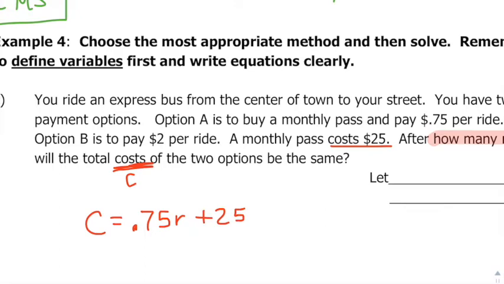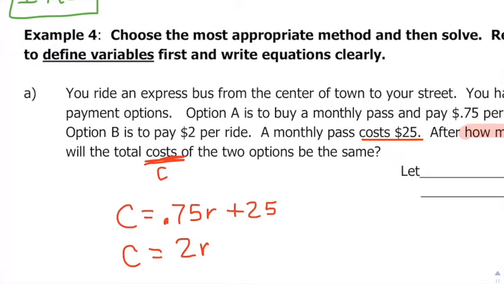And if you want to use X and Y, once again, you can do that. It does not matter. Okay. So the cost for the second situation is actually just $2 per ride, no flat fees or anything. So we're going to figure out how many times you need to ride for the cost to be the same, or to pay off that initial $25 that you spent there.